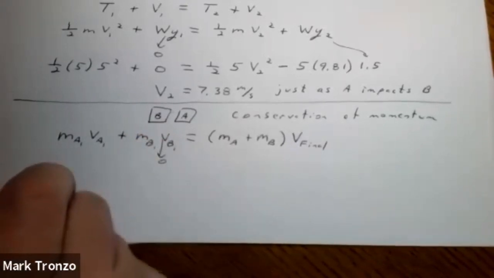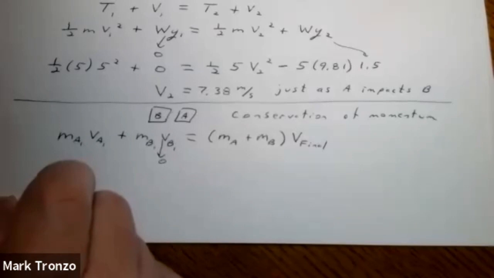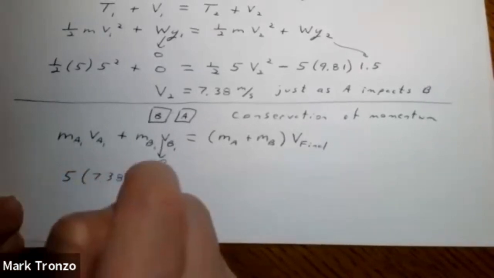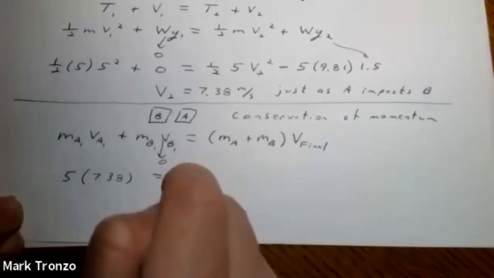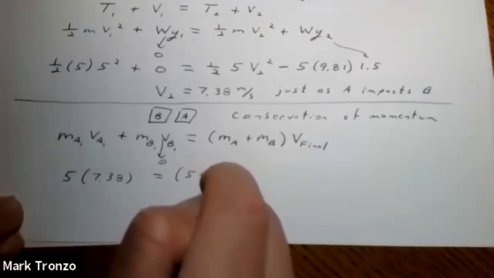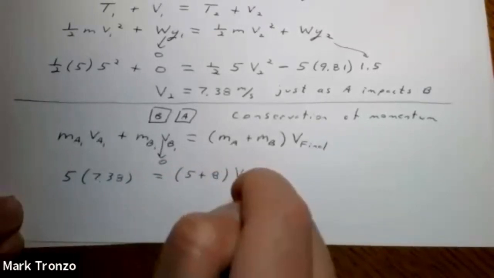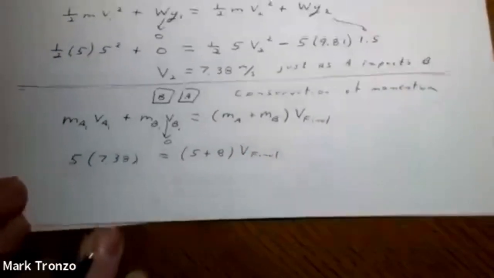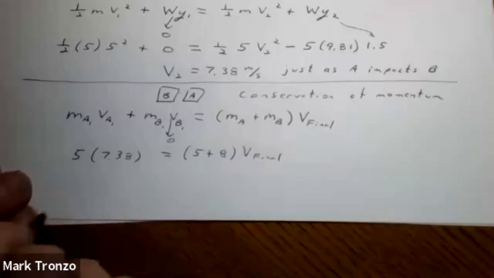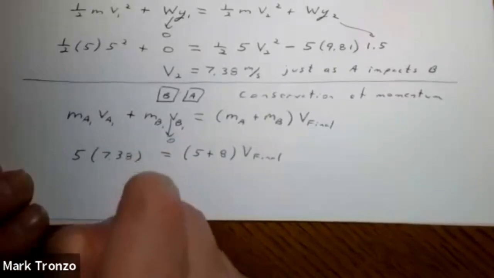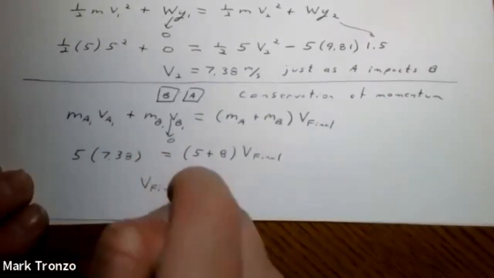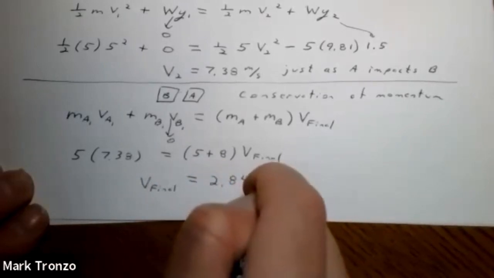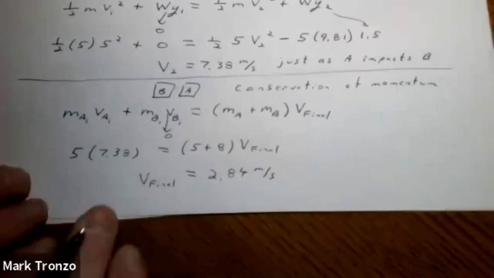So A is 5 kilograms times 7.38 equals 5 plus 8 times the final velocity. Then the final velocity just after impact is 2.84 meters per second.